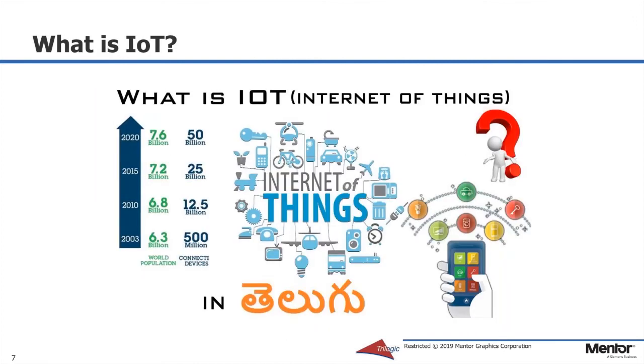So let's start with what is the Internet of Things. Since today's topic is IoT, let's begin with a brief description. IoT stands for the Internet of Things. It has given rise to the demand for good RF design practices, from the wall outlet power all the way to the antenna.